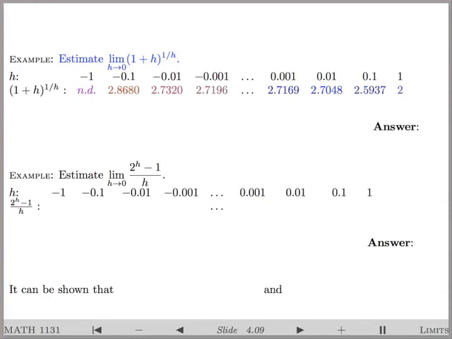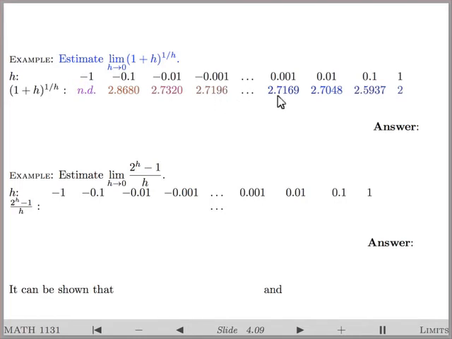Now if you look at the numbers, you see that these numbers are increasing. These are decreasing. These are always above these numbers. And it looks like these are both coming towards some common point in the middle. We don't know what it is.